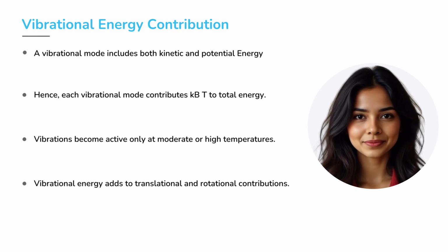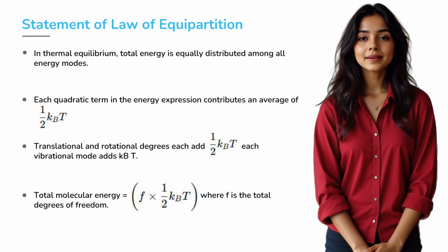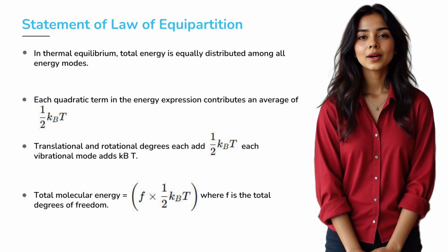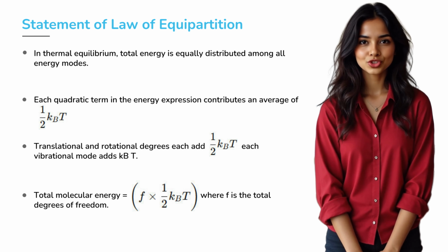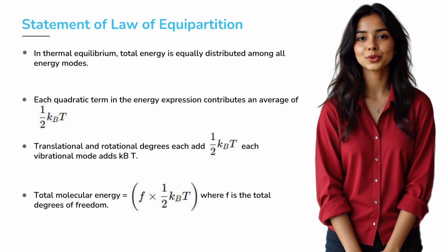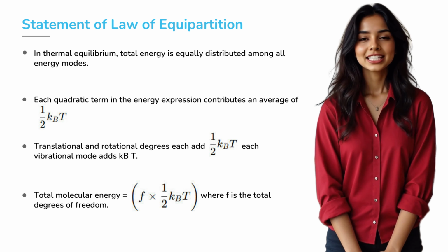Now here's the big idea, the law of equipartition of energy. It says, in thermal equilibrium, the total energy of a molecule is equally distributed among all its independent modes of motion. Each translational or rotational mode contributes half kT, and each vibrational mode contributes kT.